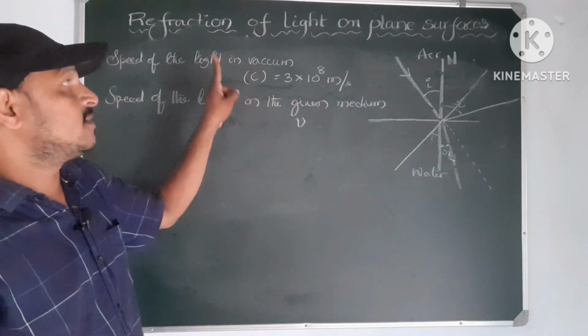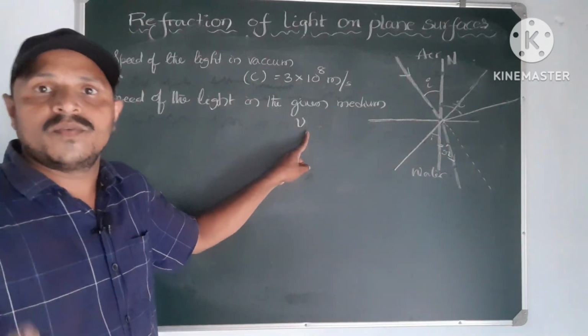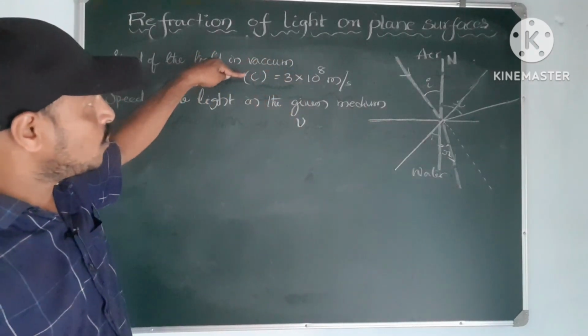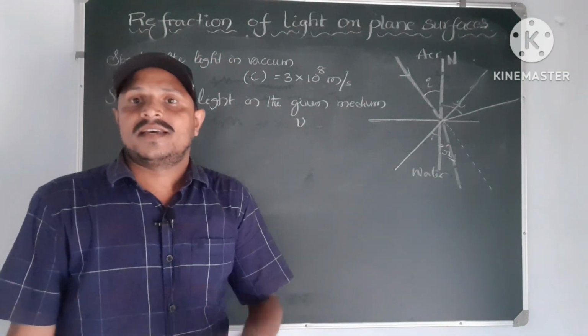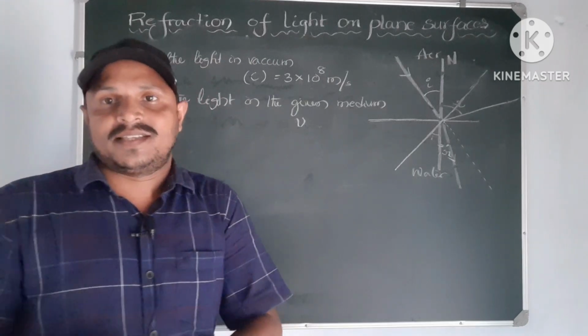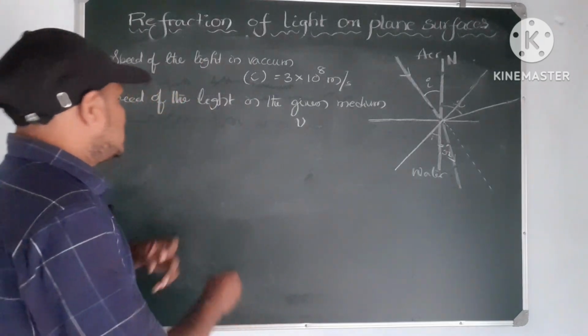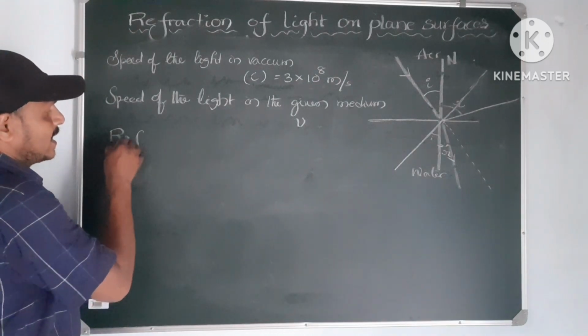So the speed of light in vacuum is c. The speed of light in the given medium is v. The ratio of c to v is called the refractive index, the absolute refractive index, which is denoted by the letter n. So what is this refractive index?